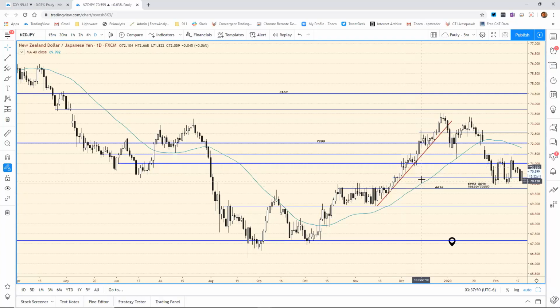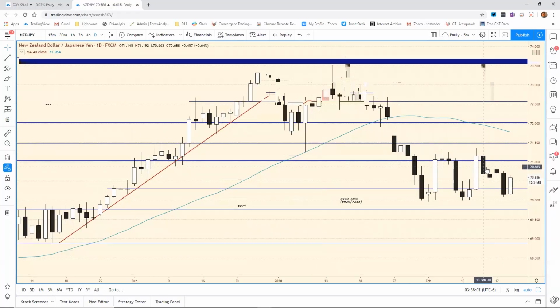And once again, this could be the start of something. Let's see how we close today on these yen pairs. But at least initial resistance is going to be right there. It's called 70.80.